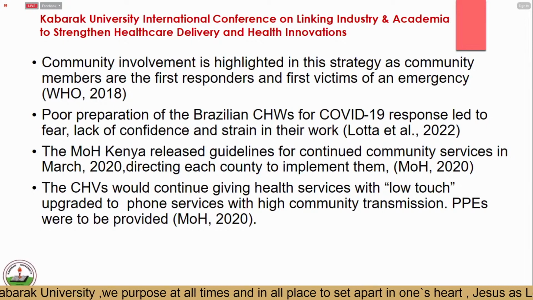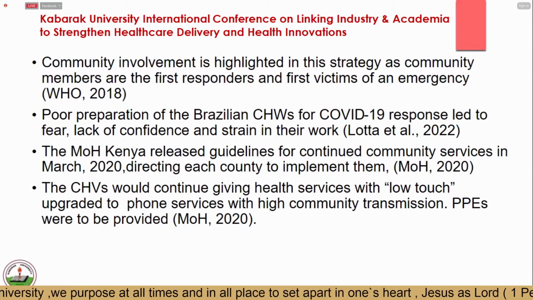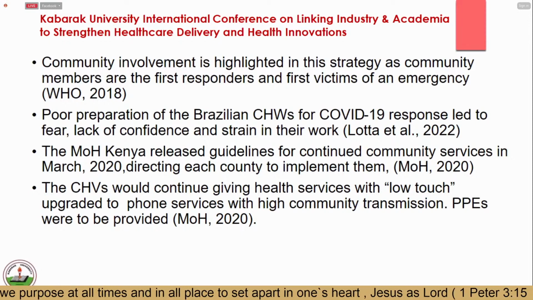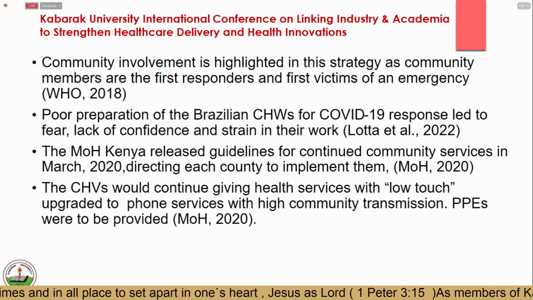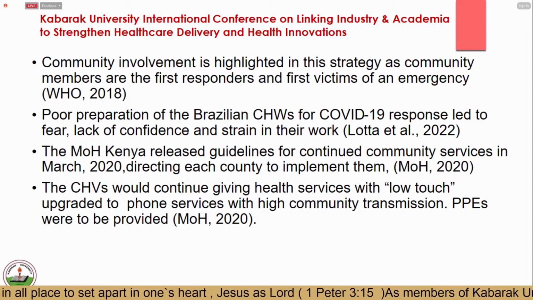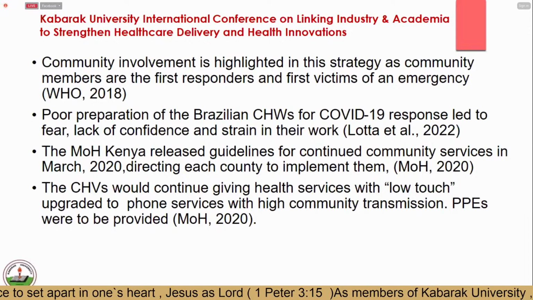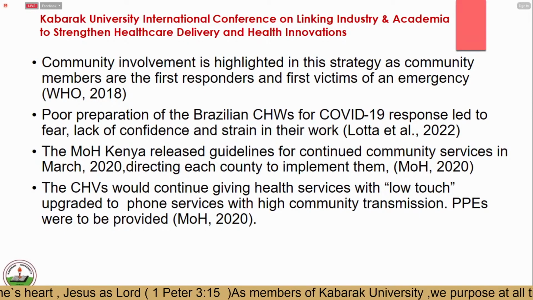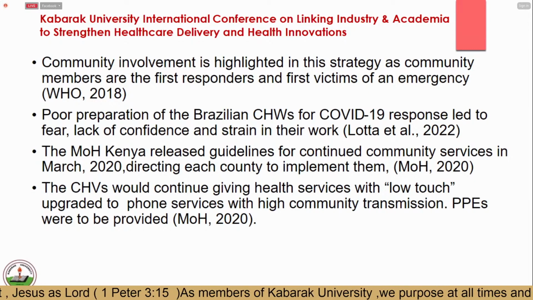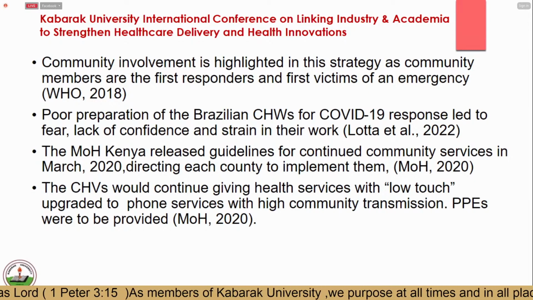The government released guidelines for community services, which directed each county guidelines. Health here, guidelines with low touch transmission.